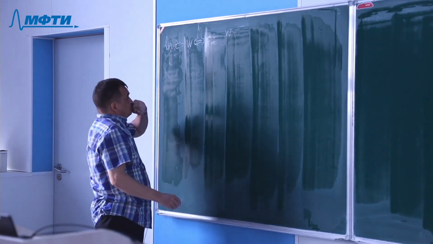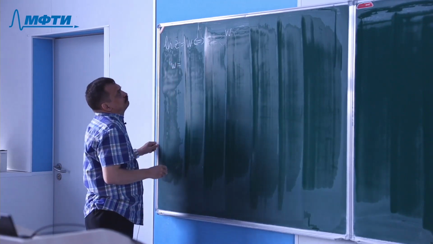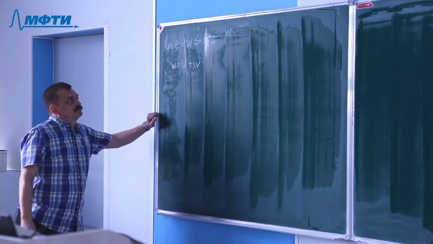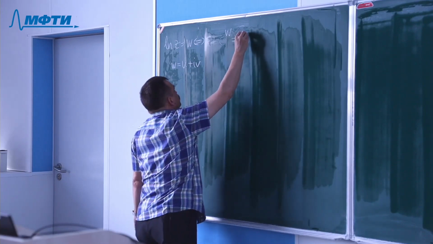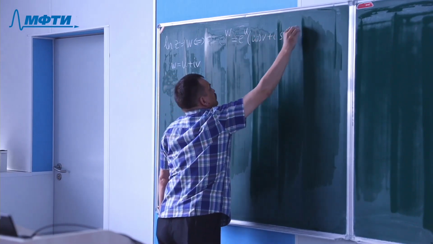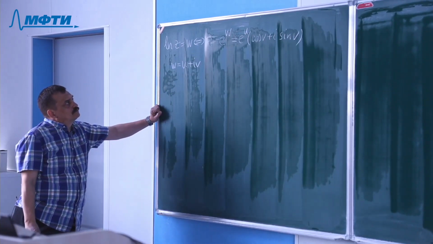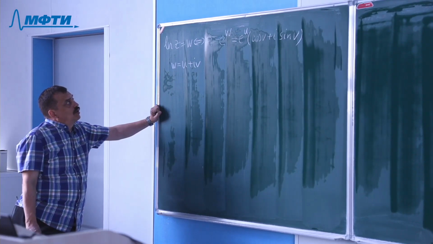But remember, if w is, okay, which letters to use, u plus iv, then I can rewrite it like this: e to the power u times (cosine v plus i sine v). What does this equality mean?